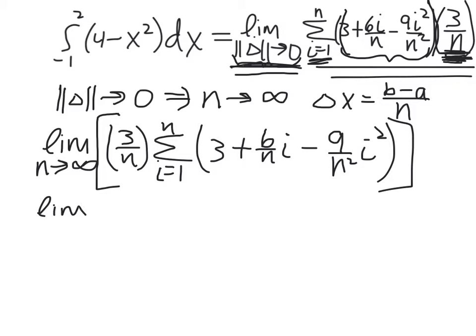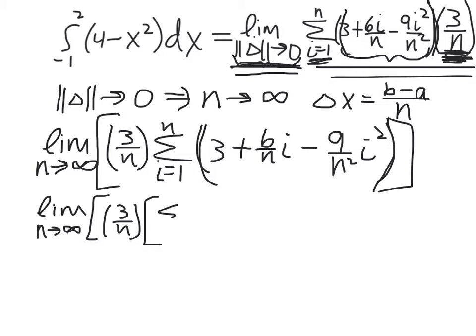We'll rewrite it using a couple of different properties. First of all, the summation of 2 or 3 terms added or subtracted together, we can separate into the summation of each individual term. So we need lots of grouping symbols here.